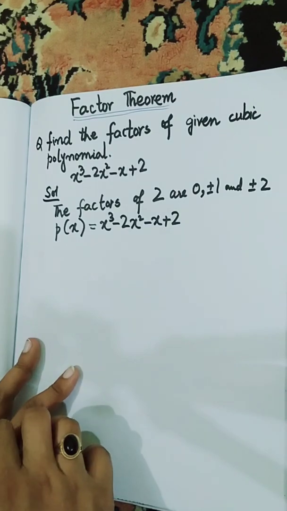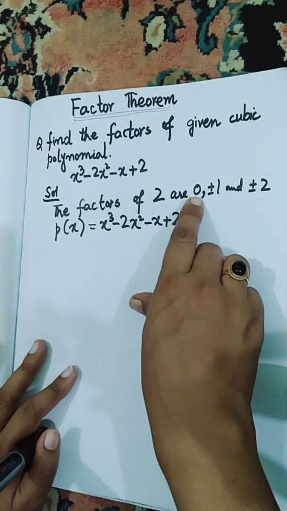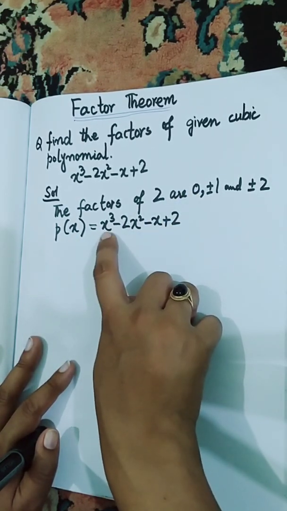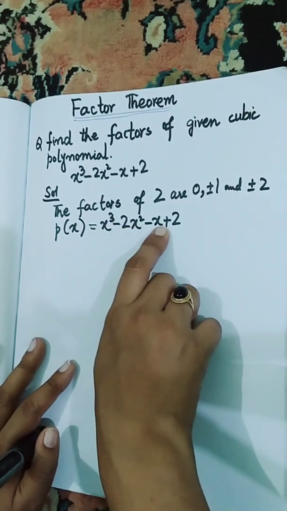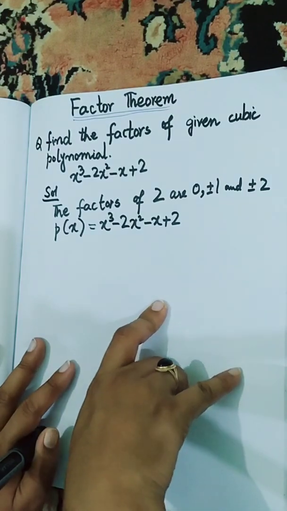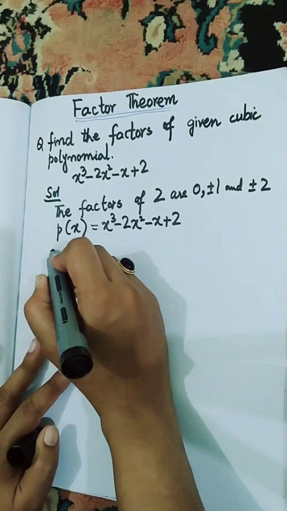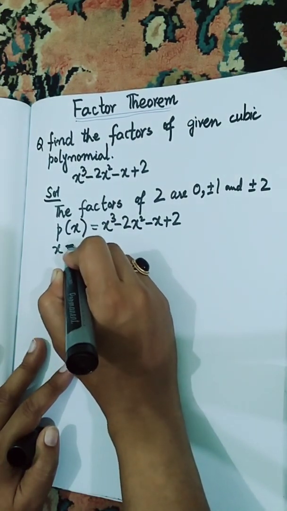If I take x equal to 0 and put x as 0 here and here, it all becomes 0 and plus 2, so the remainder will be plus 2. So this is not beneficial for me, so I am going to put x equal to 1.